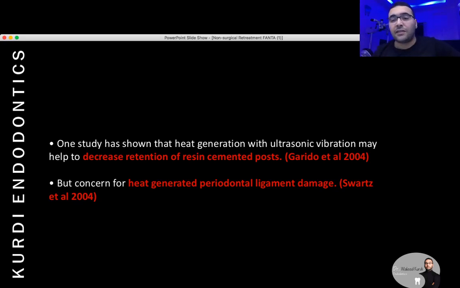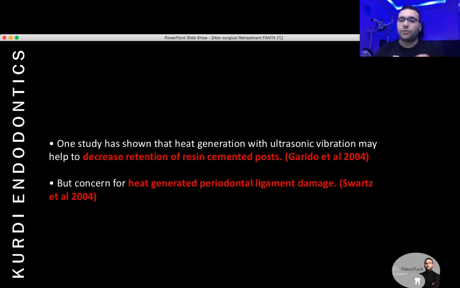And as I said in the last lecture about the heat generation of the ultrasonic, this kind of 10 degrees increase was in the past a little bit catastrophic, but nowadays it's a little bit safer even with these 10 degrees. But be careful not to increase the temperature.